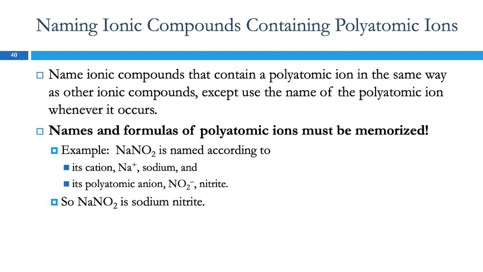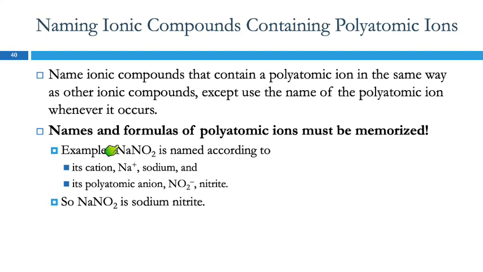When we're looking at ionic compounds that have polyatomic ions, one of the things that students sometimes try to do is they try to separate everything and try to talk about sodium and nitrogen and oxygen. Remember, it's two ions in Chem 1A. One cation, everything else is the anion.